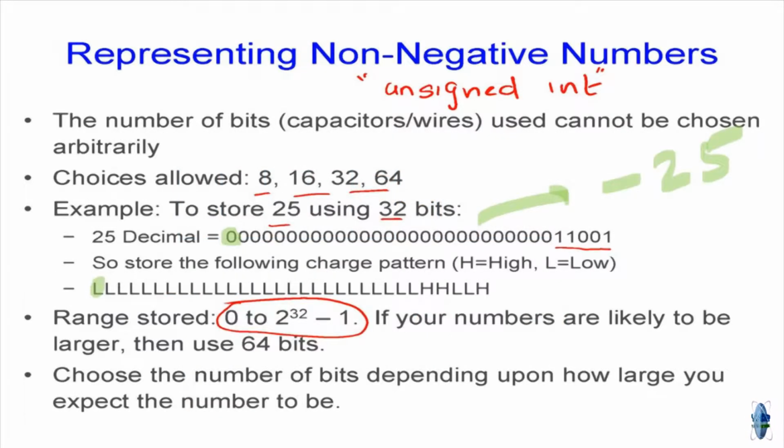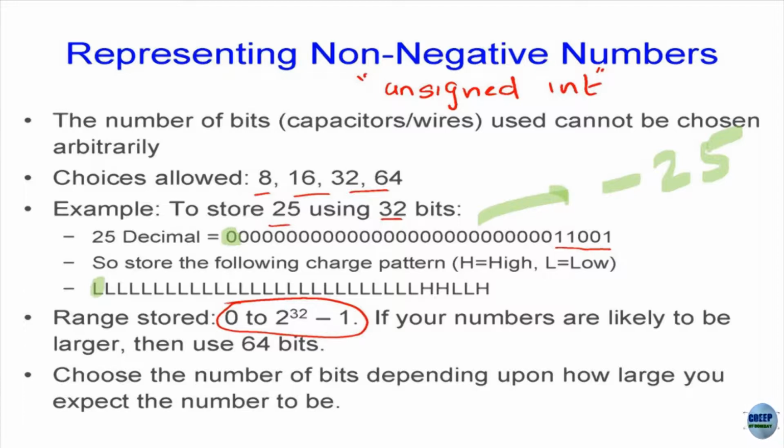Now we get to the other interesting part, sign. So non-negative numbers, we've been conveniently consuming all the bits to store non-negative numbers, right? So 8, 16, 32, 64, right? So to store 25 using 32 bits, what do you do? Well, I have all these zeros, and then 1 1 0 0 1, that's all. That is 25.